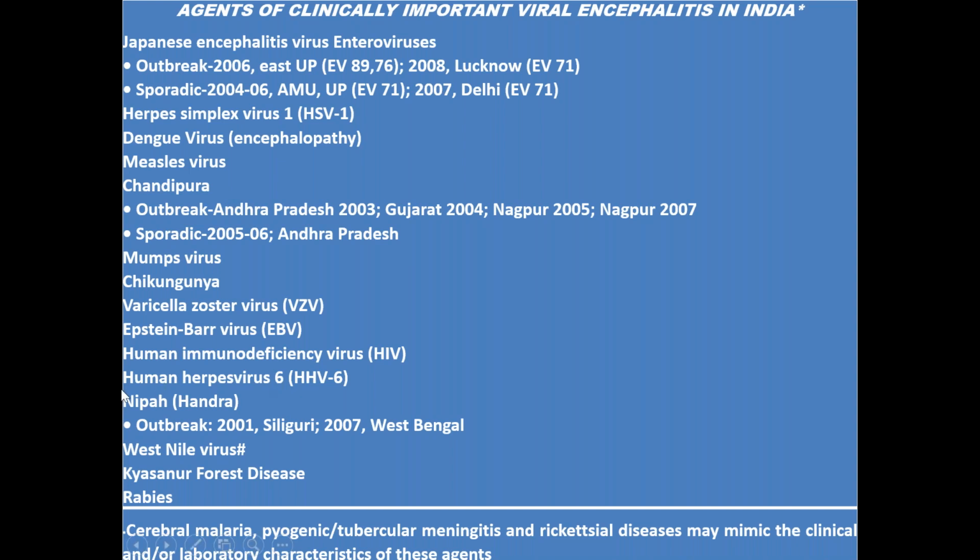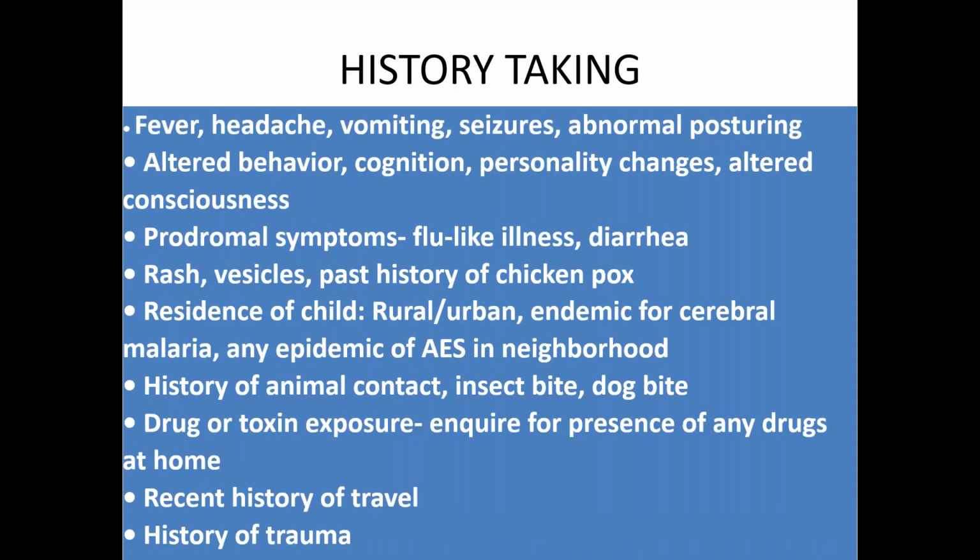And there have been outbreaks of Nipah virus in Siliguri, in West Bengal, basically in northeast India. Other causes like cerebral malaria, tubercular meningitis, and rickettsial infections are also important. So these are the things which will give you clues on the history about the etiology.